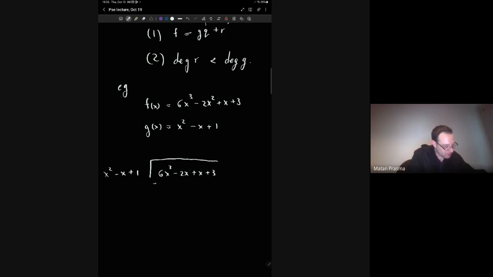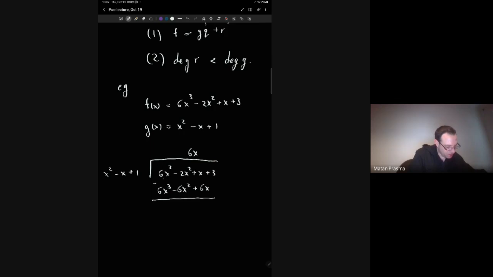So this is in fact 6x. If you multiply 6x by x squared minus x plus 1, you get 6x cubed minus 6x squared plus 6x.